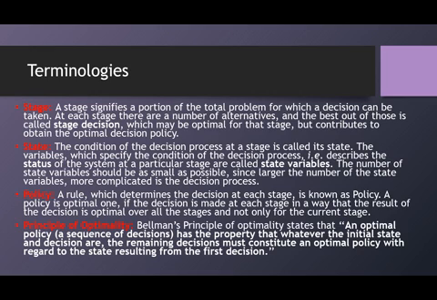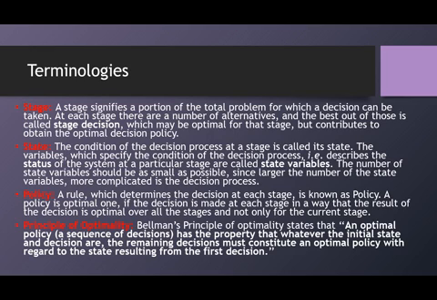Therefore, we may have to complicate the overall process, right? The process will be complicated. So to avoid the complication in the decision making process, we will try to retain the number of state variables as minimum as possible, right?